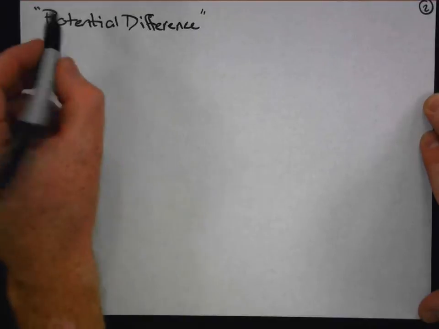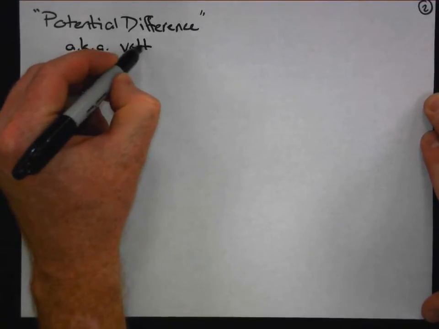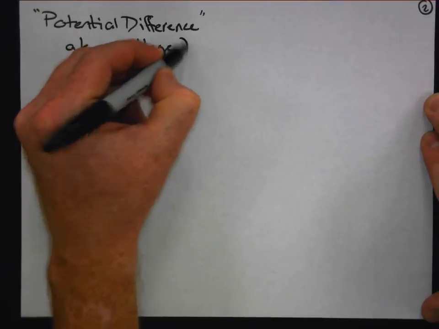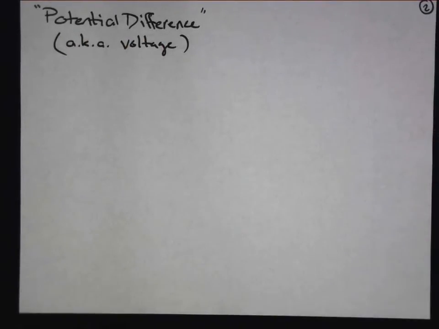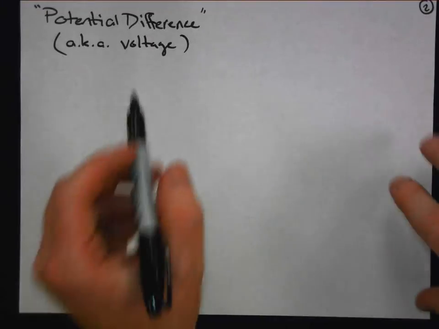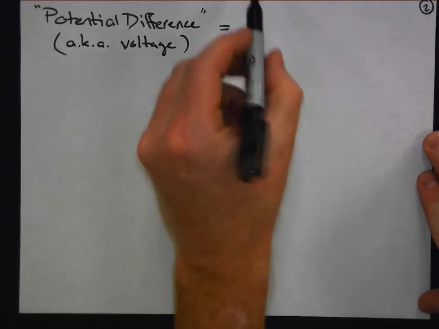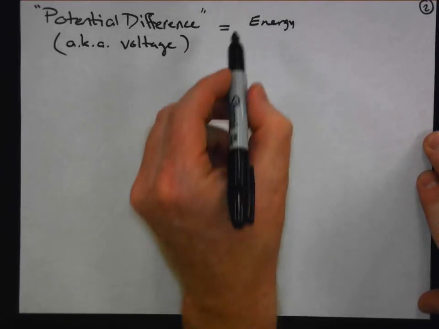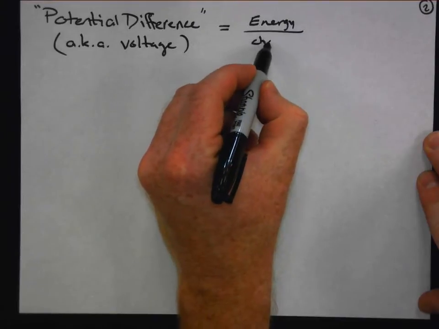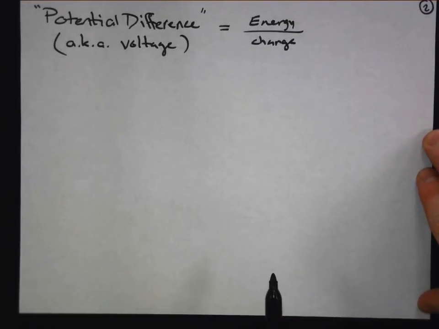Now, potential difference is also known as voltage. This is what the charge pump creates for the circuit. Now, potential difference, technically speaking, is the amount of energy per charge. Cool. And that's easy to understand.